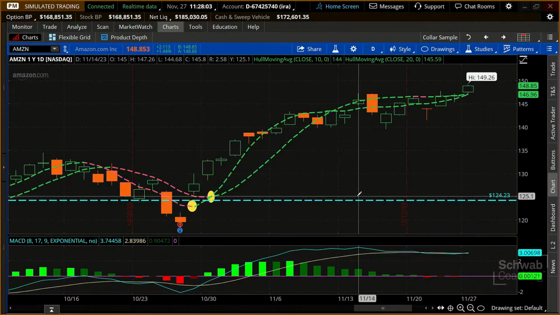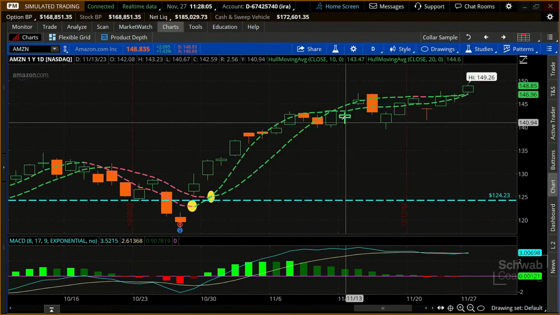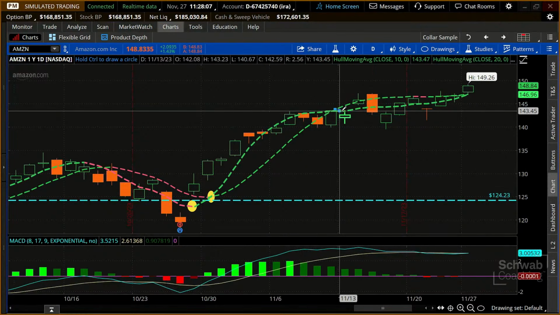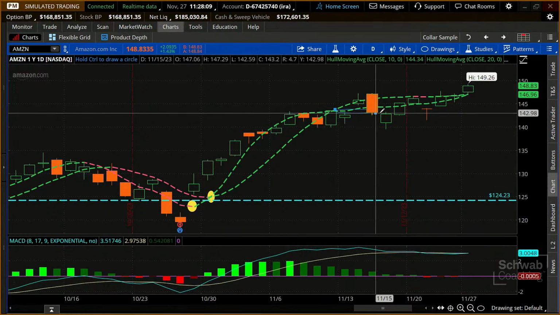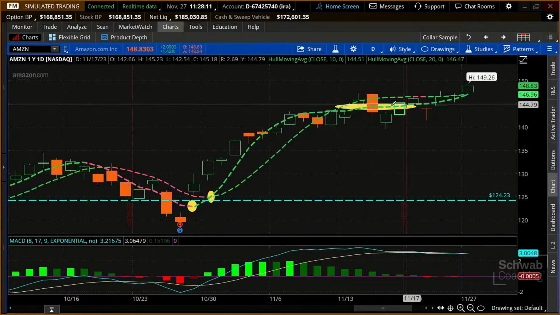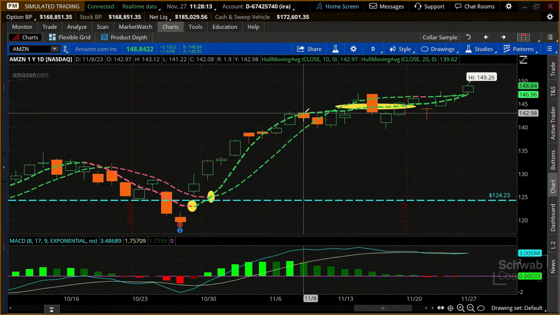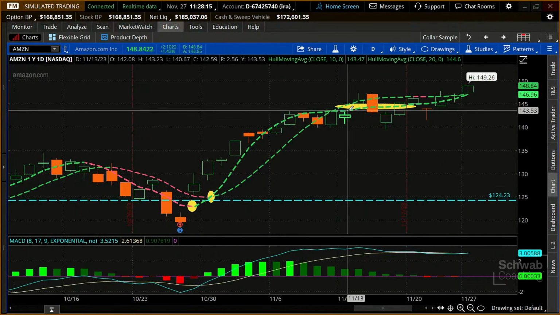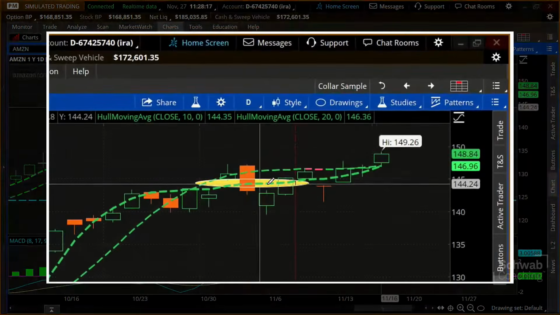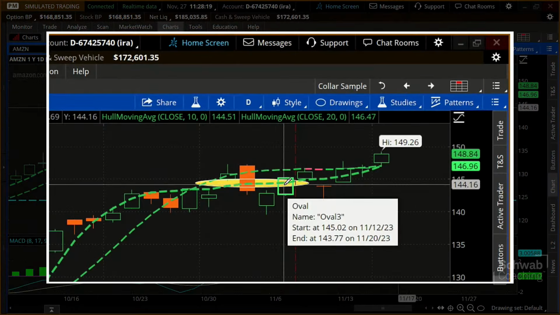Now, I want you to pay attention to what happens here. What do you notice as far as the shorter term moving average in this area? What do you notice right here? The shorter term moving average crosses down, but it doesn't do what?